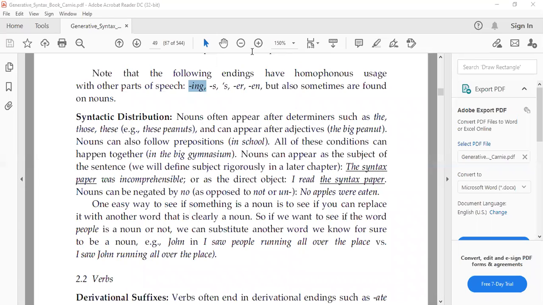So if I say reading is my favorite hobby, reading is what here? Noun. So reading here is a noun. It's a gerund, right?